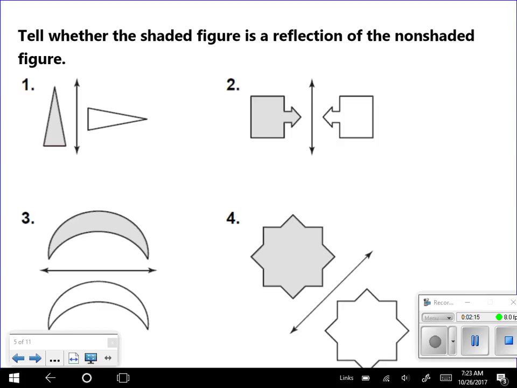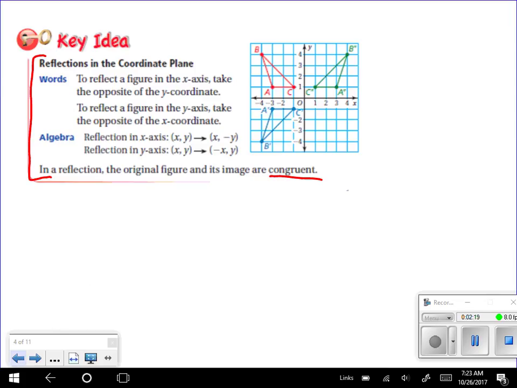Okay, so it says tell whether the shaded figure is a reflection of the non-shaded figure. So back here is a picture of what it looks like to be reflected across the y-axis. Notice this flips over the top of the y-axis, and our A is the same distance away from y on both sides of the y-axis.